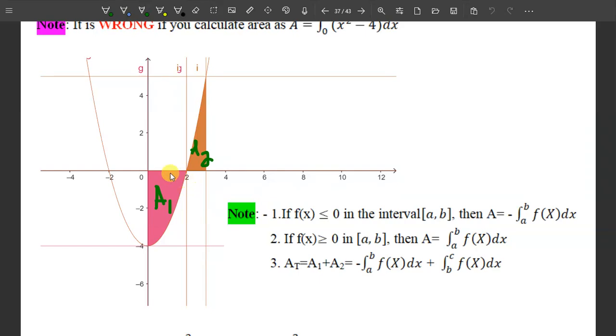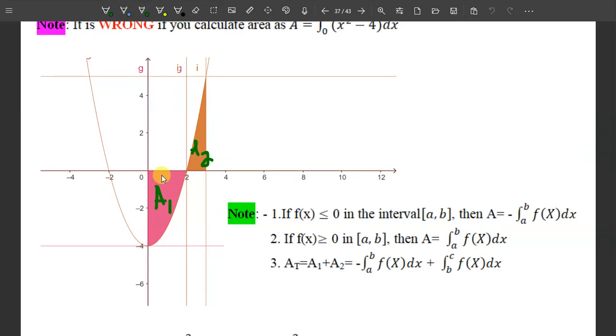Now, since we are asked to find the area enclosed between the graph of the given function, the x-axis and the y-axis, between 0 and 3, what we have to do is just shade this part, call it A1, and shade this part, call it A2.